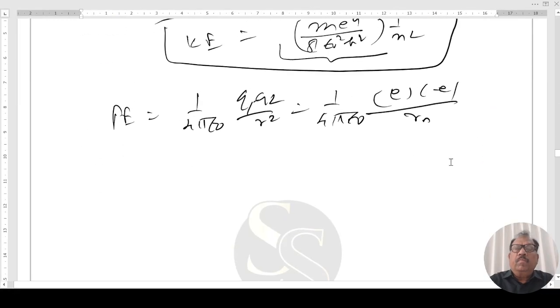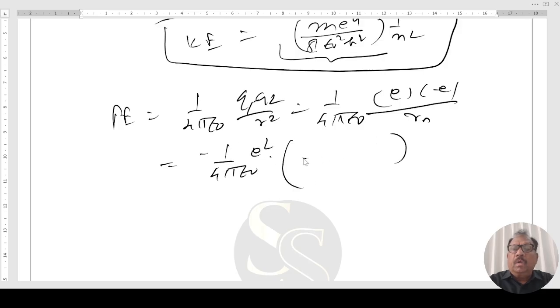This comes out to be 1 over 4 pi epsilon naught e square into 1 over rn. 1 over rn comes out to be pi m e square upon epsilon naught h square n square.